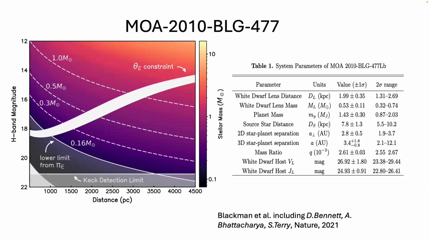And since we don't observe anything, we get to the point where this is very likely a white dwarf at a 2 kiloparsec distance with a Jupiter planet at a separation of about 2.8 AU.